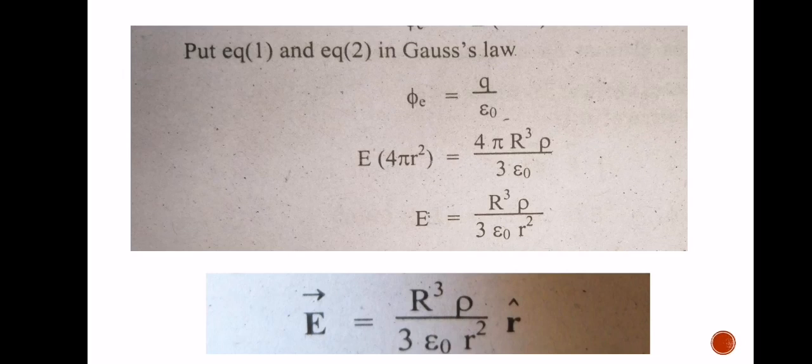Now putting the value of q and phi from equation 1 and equation 2, the electric field at a point P will be E is equal to R cube rho over 3 epsilon naught r square. In vector form, you can write this: E is equal to R cube rho over 3 epsilon naught r square into r unit vector. This is the electric field in vector form outside the spherical volume charge distribution of radius R at a point P having the distance r from the center of the charged sphere.